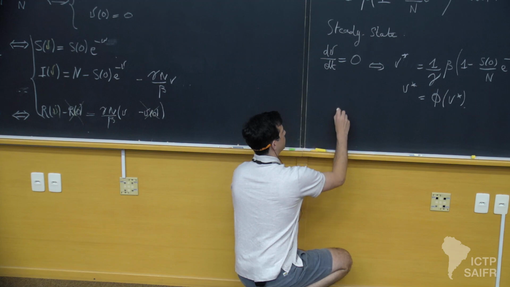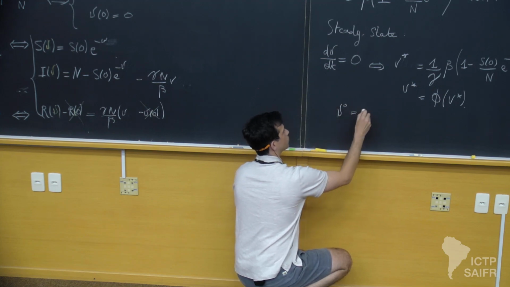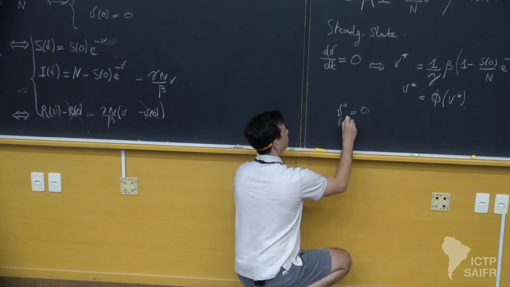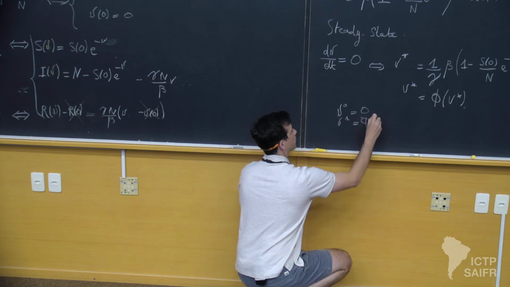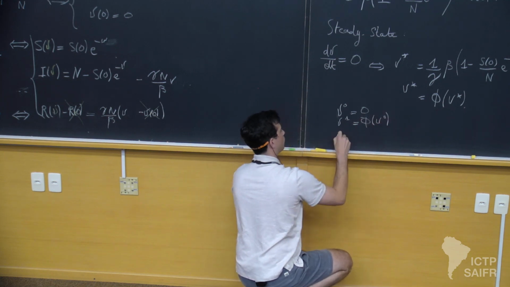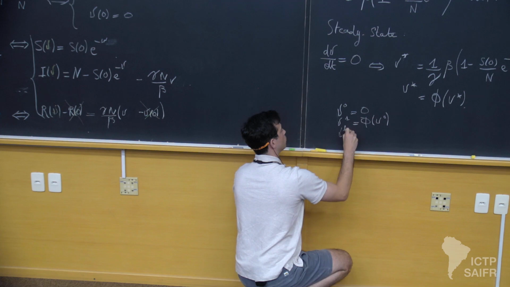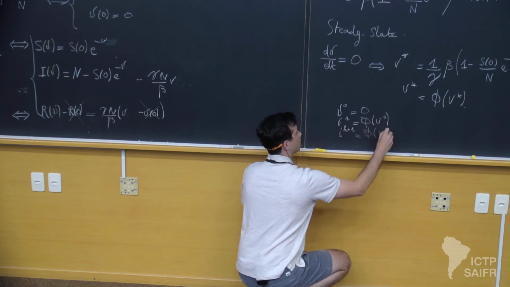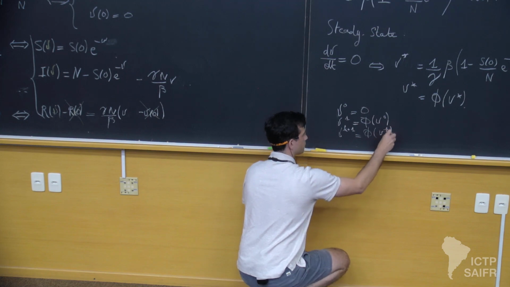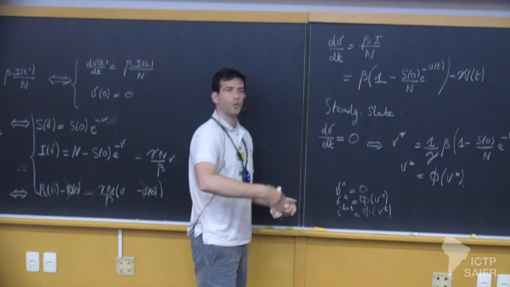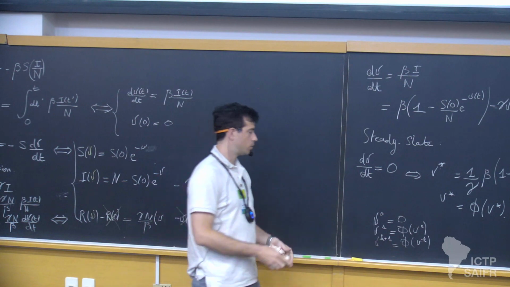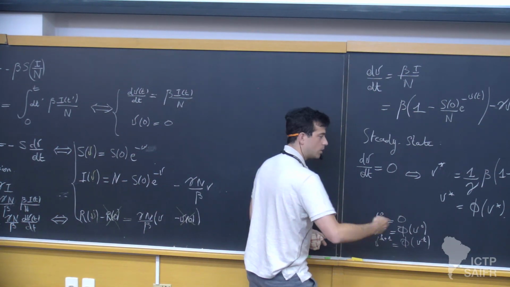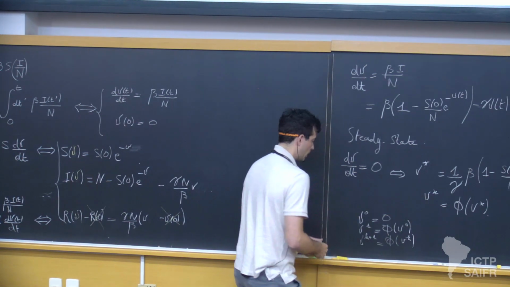You take a first guess, for example, nu 0 equal to 0, and then nu 1 is equal to phi of nu 0, and you form a sequence: nu k plus 1 is equal to phi evaluated at your previous guess. This is going to converge to the final nu star. So eventually, if you iterate like this, you'll reach nu star.